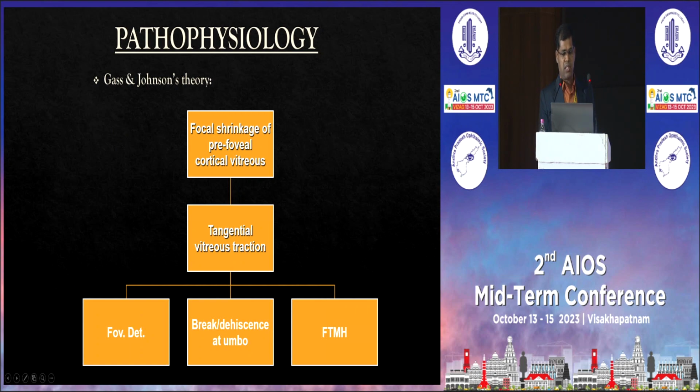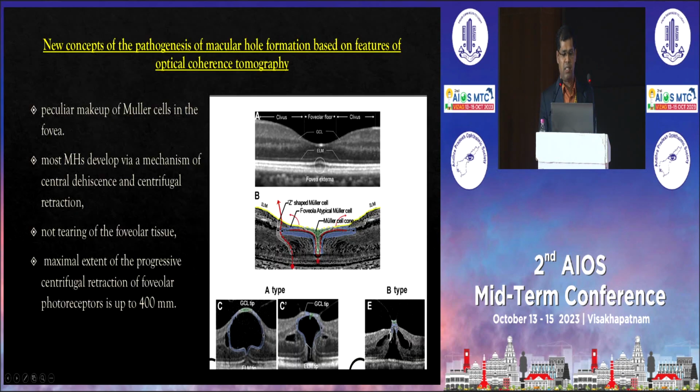Macular holes are noted to be a complication of posterior vitreous detachment at its earliest stage. Gass has described the pathophysiology: there was an observation of focal shrinkage of the perifoveal cortical vitreous, and a tangential traction, which led to foveal detachment or dehiscence at the central umbo and caused a full thickness macular hole.